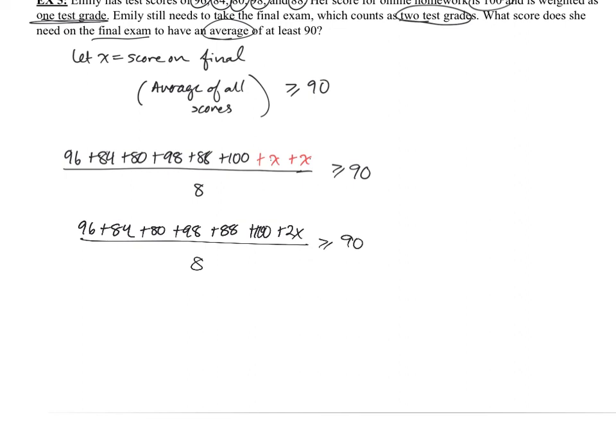Now I'm going to add up all of these number values, and calculating those out, that comes out to 546 plus 2x all over 8 greater than or equal to 90. Well, we're solving an inequality. Let's get x by itself. So I'm going to multiply both sides by 8 to cancel out the 8. And I have 546 plus 2x is greater than or equal to 720.